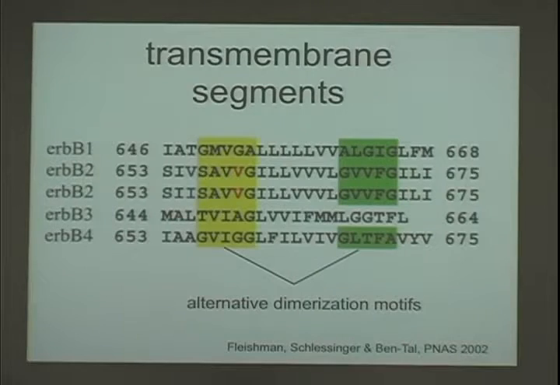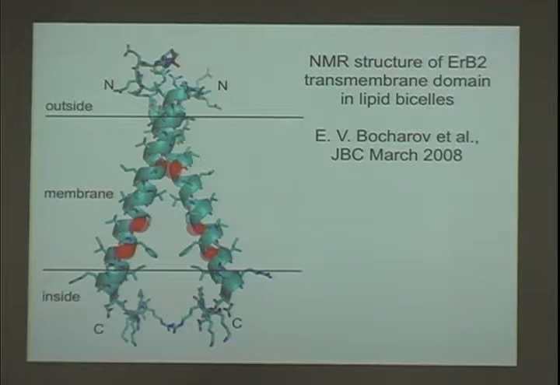But then something remarkable happens in a stream of remarkable observations. Remarkable simply because I wasn't expecting this. If you look at the transmembrane segment of the EGF receptors, there are these dimerization motifs. And very recently, from a group in Russia, we have the NMR structure of the transmembrane segment of ERBB2 done in a lipid bilayer. And it's actually as expected from modeling, so in one sense there are no surprises here.